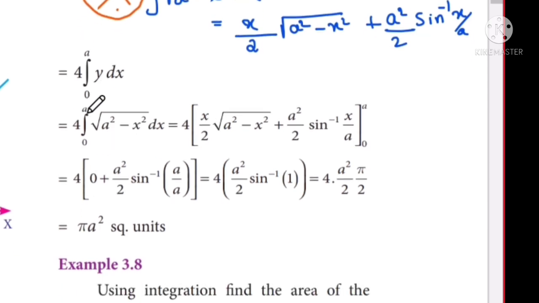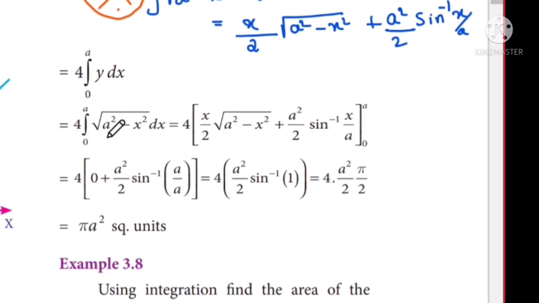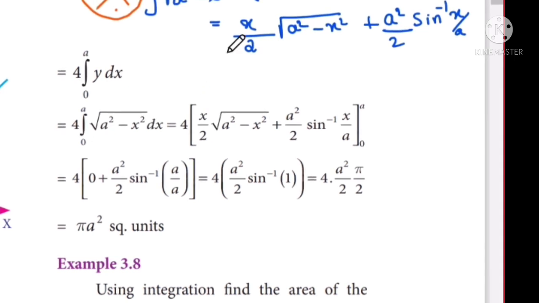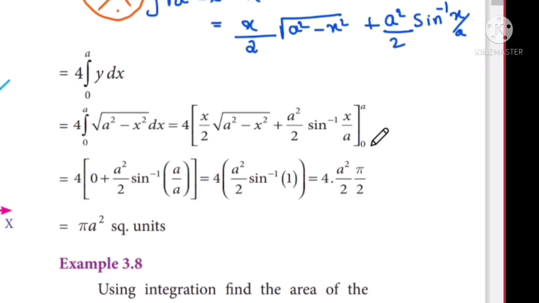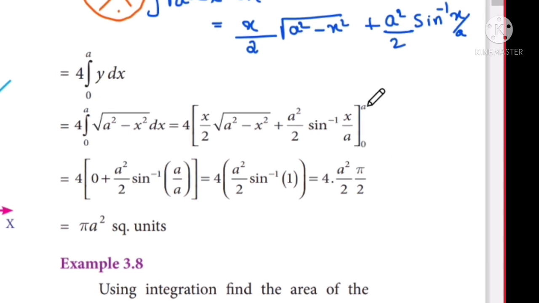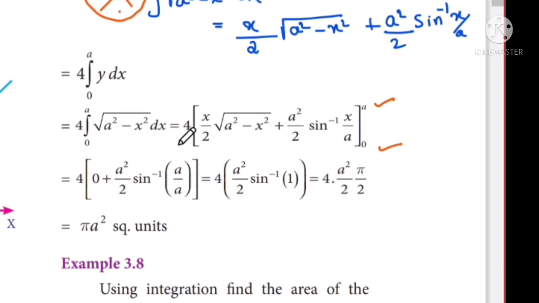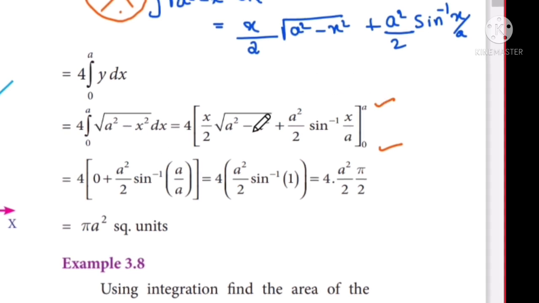So the integration 4 times 0 to a of y dx, where y is root of a square minus x square, is 4 times x by 2 root of a square minus x square plus a square by 2 sine inverse x by a, with the limit from 0 to a. Apply the upper limit first, that is, replace x by a.